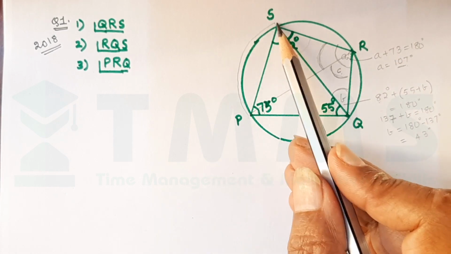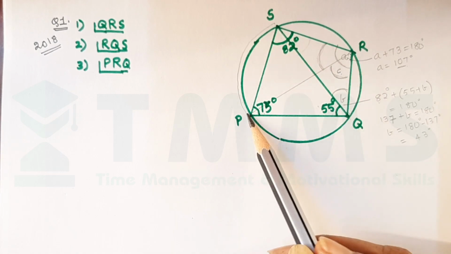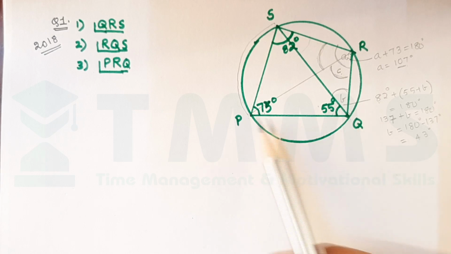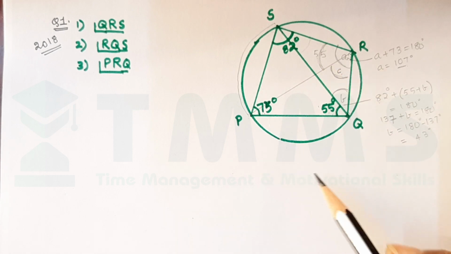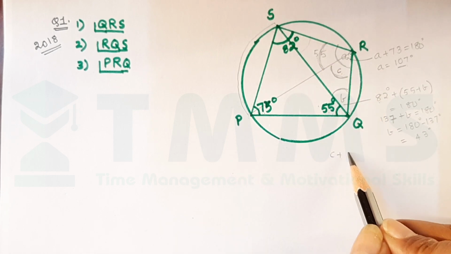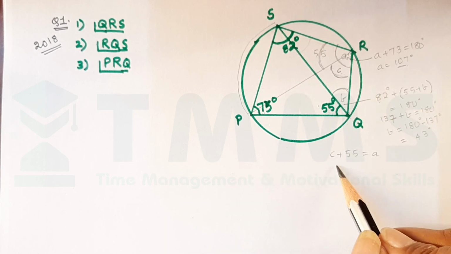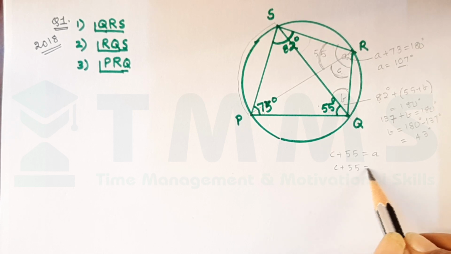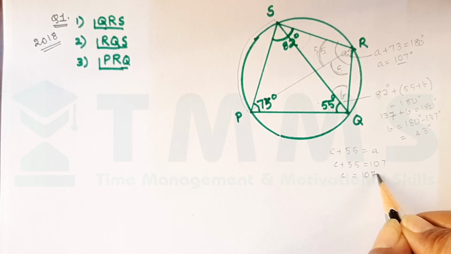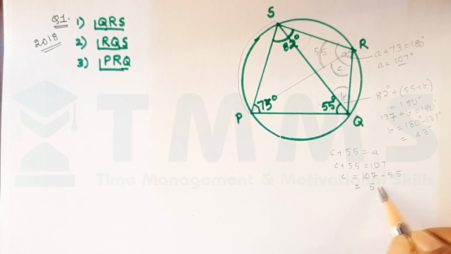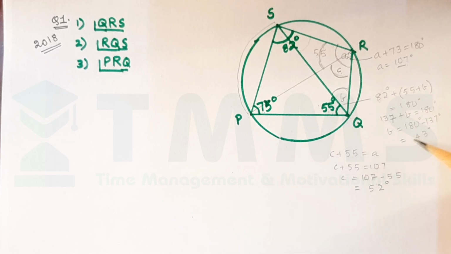Now PS is also subtending this angle over here, 55. So SRP and SQP are angles in the same segment. So this also becomes 55. And then we will say C plus 55 is equal to A, which is 107. C will be equal to 107 minus 55. So we have found A, B and C.